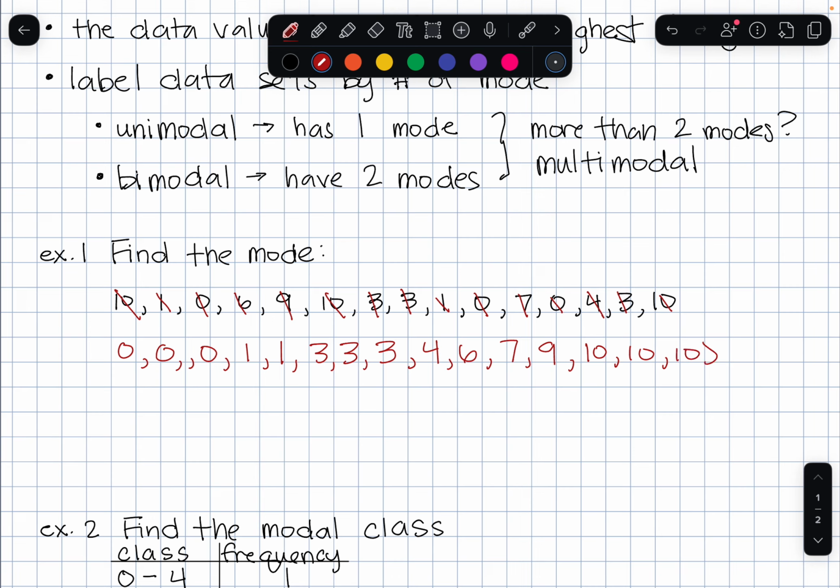So I'm going to go through and underline everything that repeats. I have repeats here, there's 3 of them. I have repeats here, that's 2, repeats here, that's 3, and then repeats here, that's 3. 3 is bigger than 2, so this one is not a mode. This data set is multimodal.